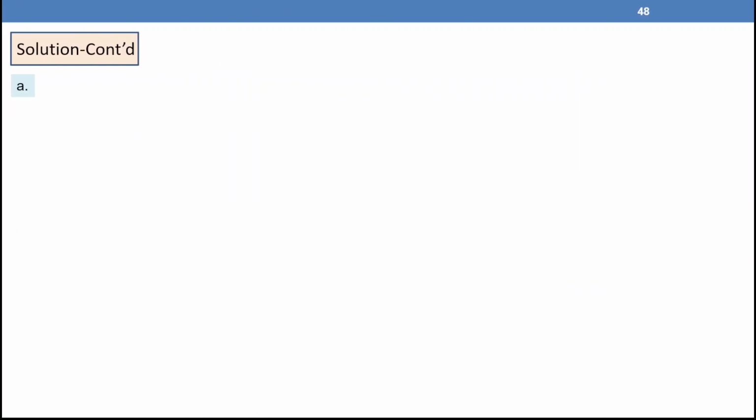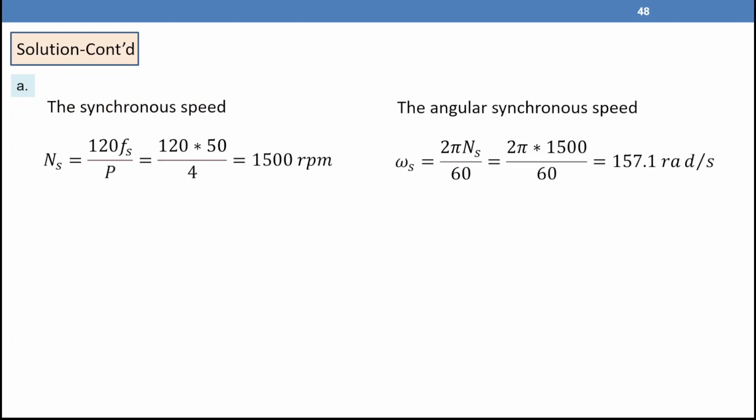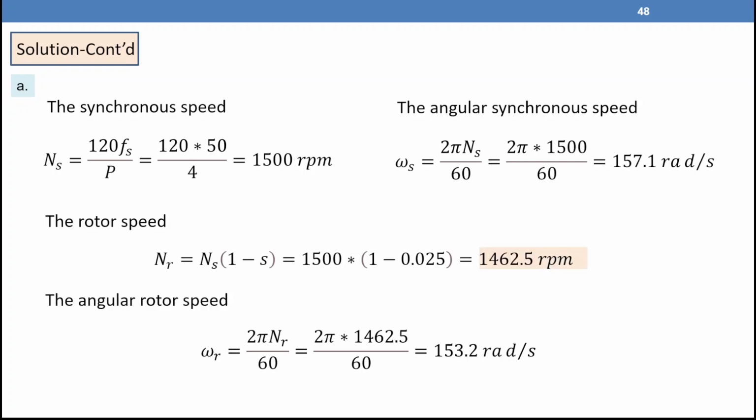For part A, he wants to calculate the rotor speed. To calculate the rotor speed, we need the synchronous speed and the slip. The synchronous speed is ns equals 120 fs over p. Fs is 50 hertz, P is the number of poles equals 4. So ns equals 1500 rpm. If you want the angular synchronous speed, omega s equals 2 pi ns over 60, which gives 157.1 radian per second. We know S equals 2.5% or 0.025.